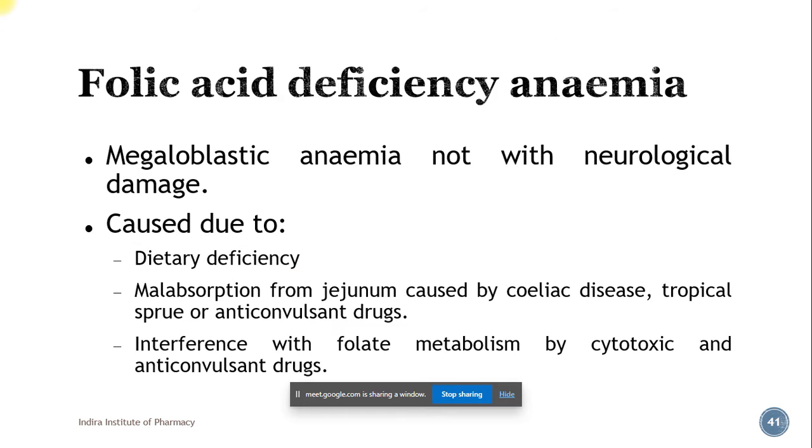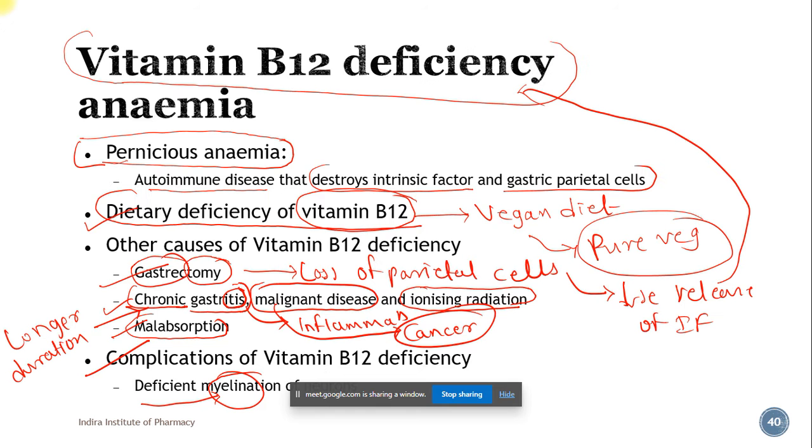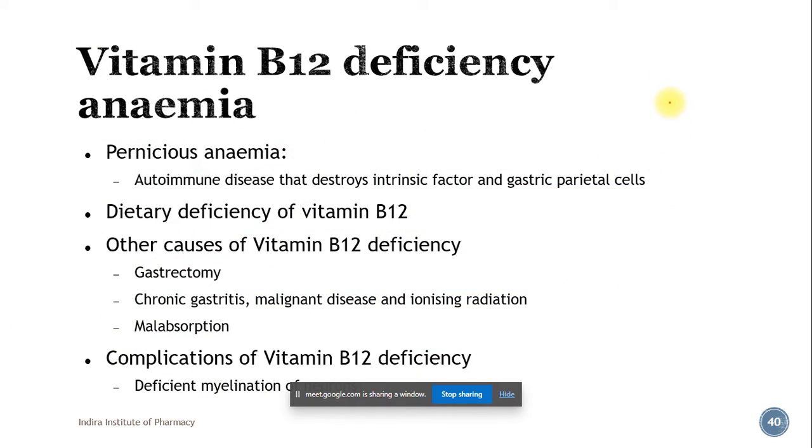Okay, so next is folic acid deficiency anemia. So megaloblastic anemia, but not with the neurological damage. Okay, one thing you must understand with this is that vitamin B12 deficiency anemia will lead to the megaloblastic anemia. So I will tell you how it happens.